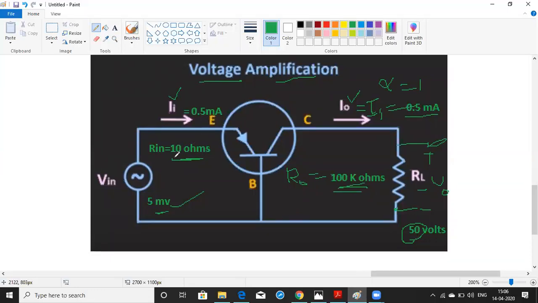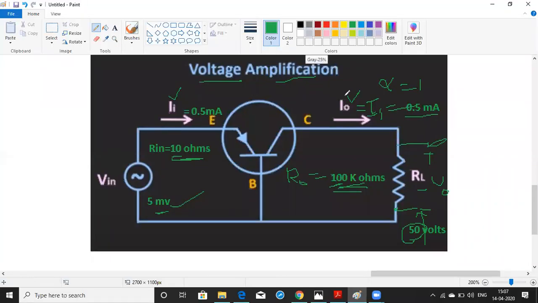That is, the input resistance is very low, 10 ohms, and the output resistance is very high, 100 kilo ohms. So this is actually the voltage amplification, as in how an amplifier with a speaker is going to work. This is one example where the output voltage value is increased.